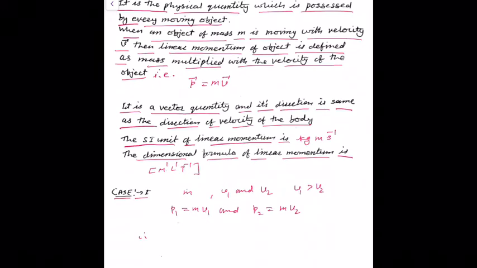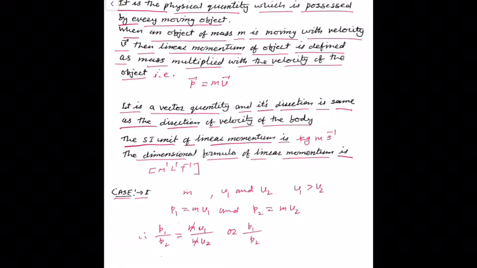Therefore, p1 upon p2 is equal to m v1 upon m v2. m and m cancel, so p1 upon p2 is equal to v1 upon v2.